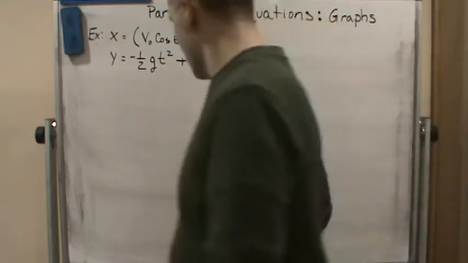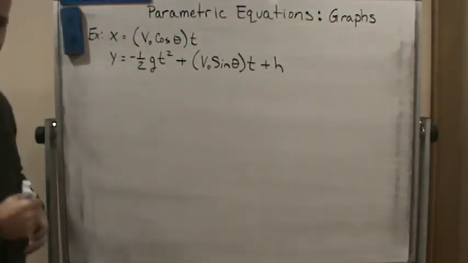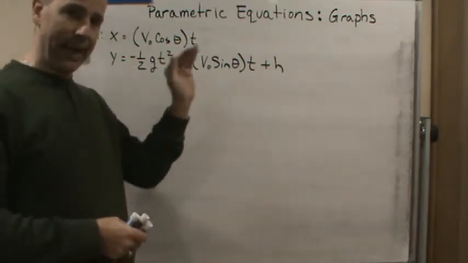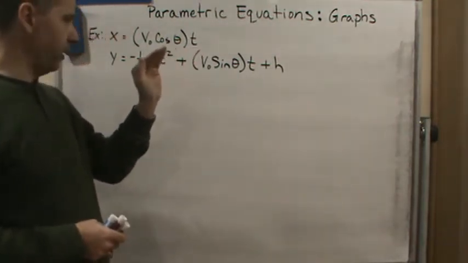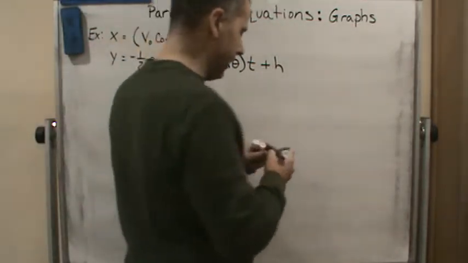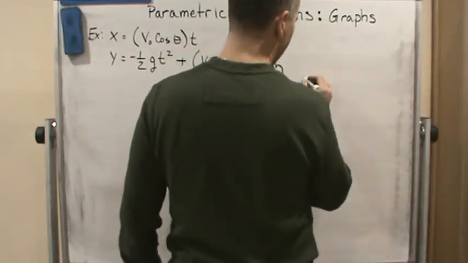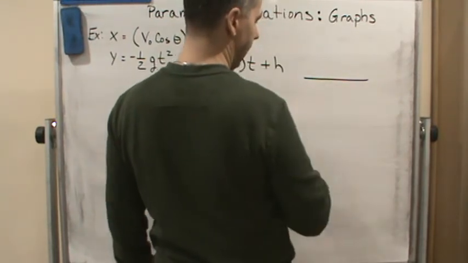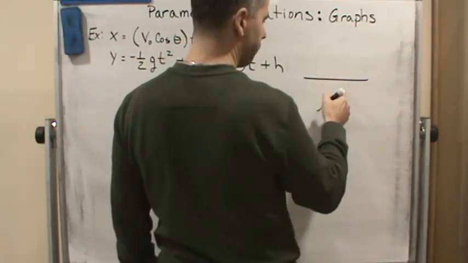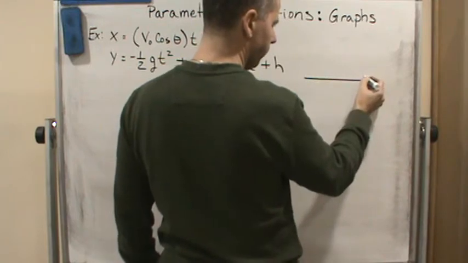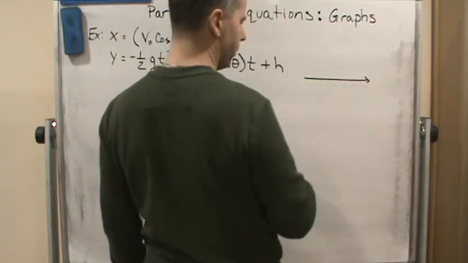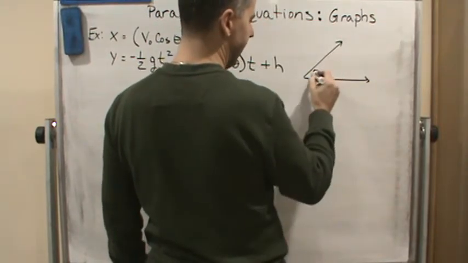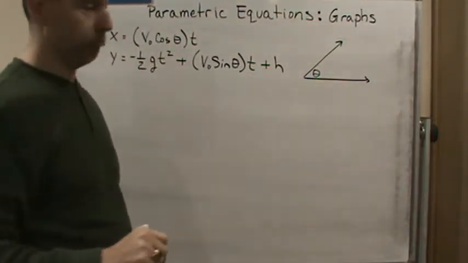So for example, when we deal with situations where you're propelling an object at some angle of elevation, what we have is something that looks like this, where we've got a position here, and the horizontal, and we're launching something at an angle theta to the horizontal.